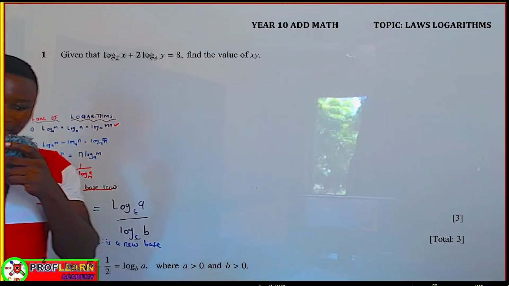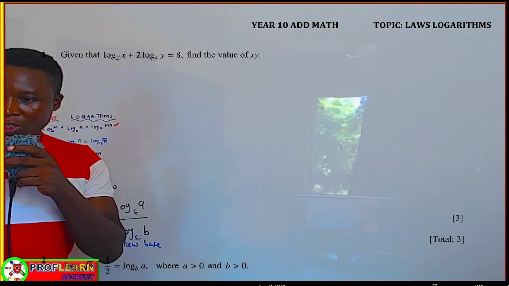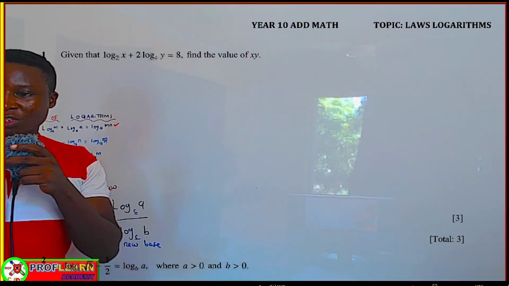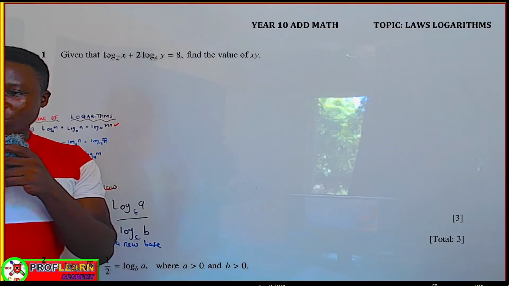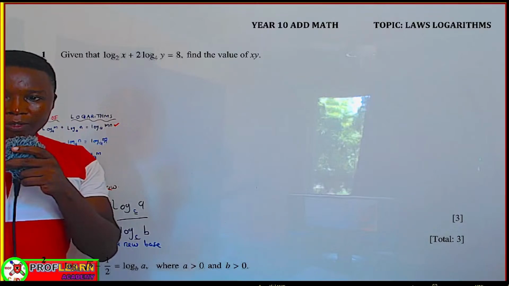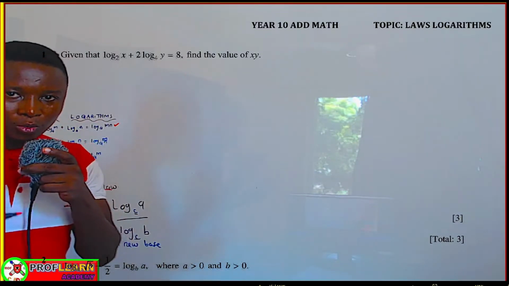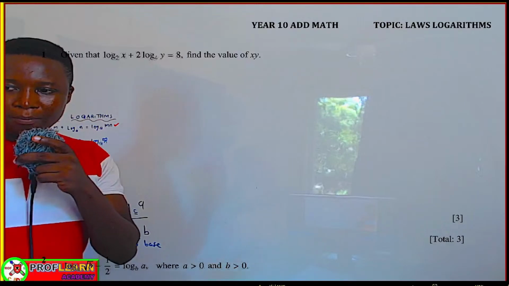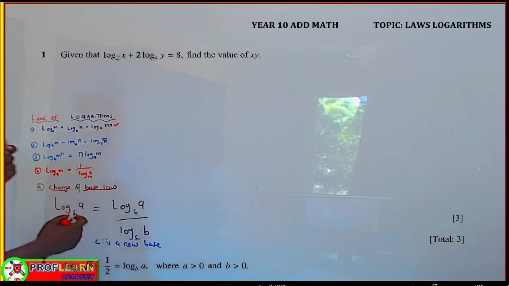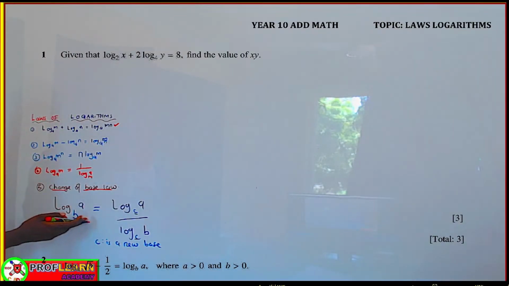So here, we are having log x base 2 plus 2 log y base 4. The base 4 is not the same as base 2, so we're going to change that base so that we can make it base 2, and the law we can use is this one.